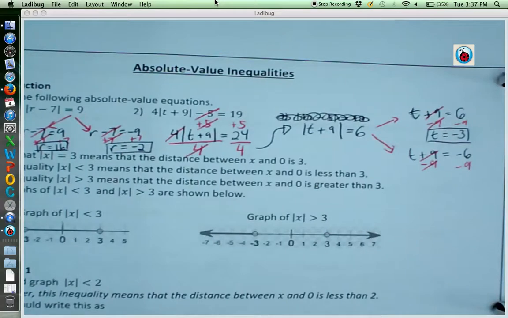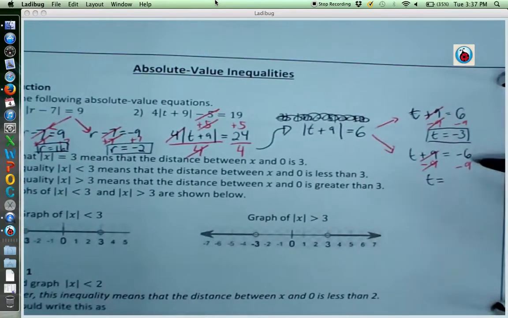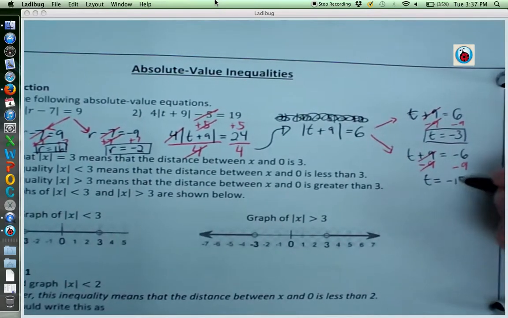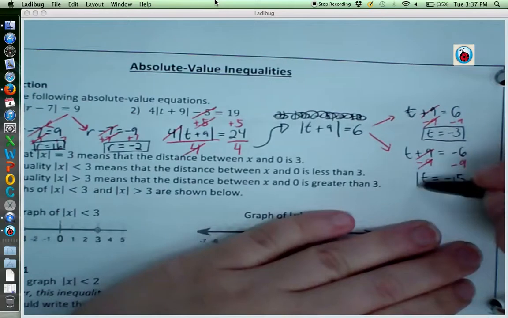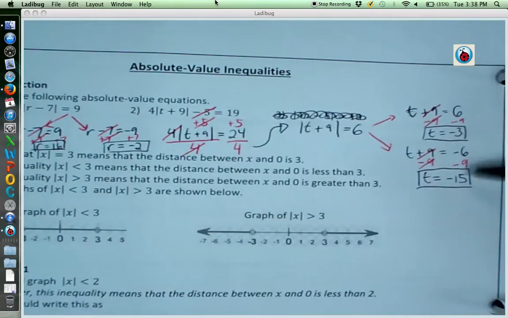So I get t by itself on the left-hand side of the equal sign. Negative 6 and negative 9 combine to negative 15. So I have these two possible solutions. T is equal to negative 3 or t is equal to negative 15. They are both solutions to the original equation.